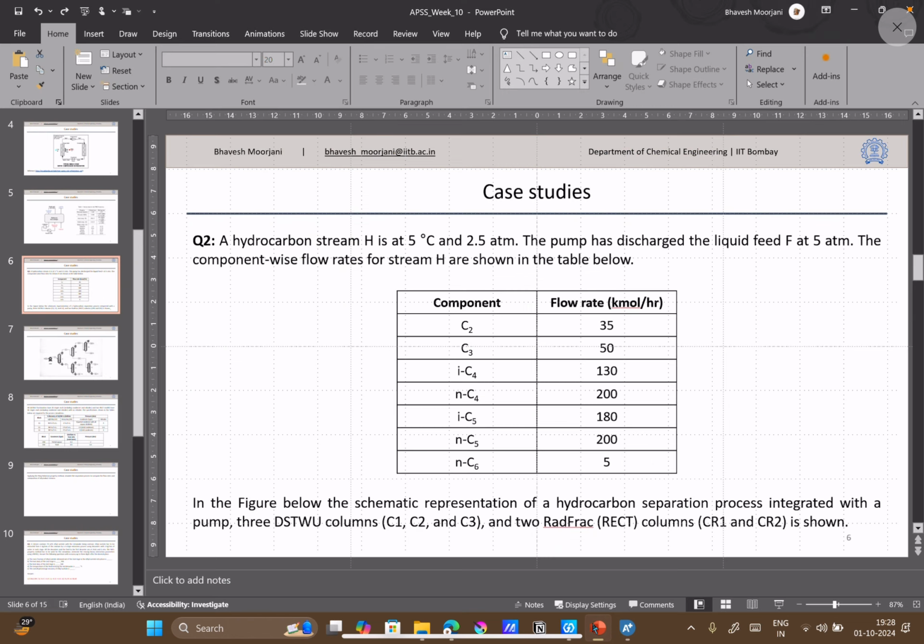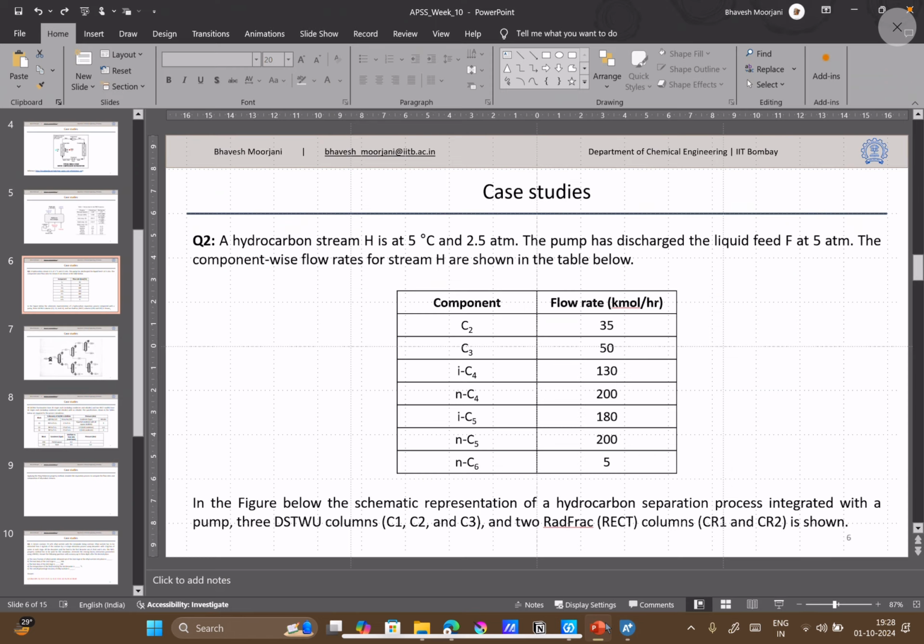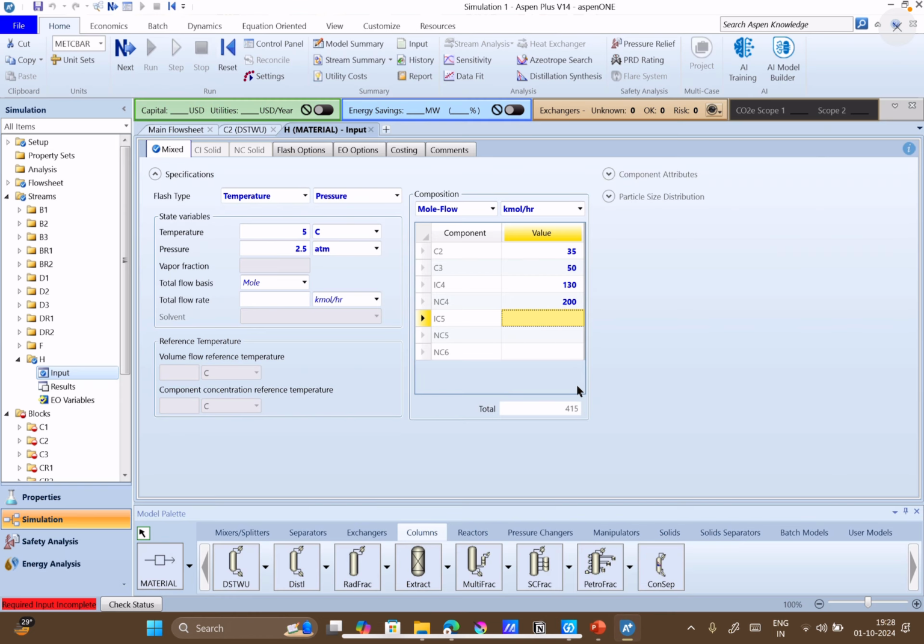So let's put it in 35, 50, 130, 200, 180, 205. So these are the flow rates in kilomole per hour.